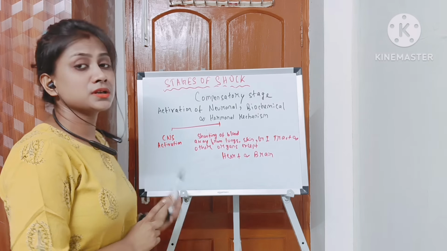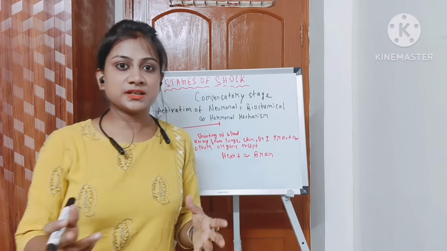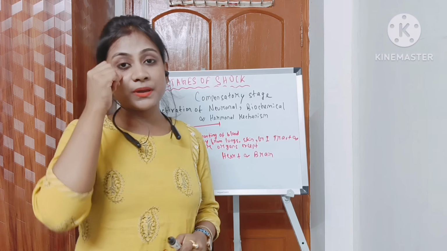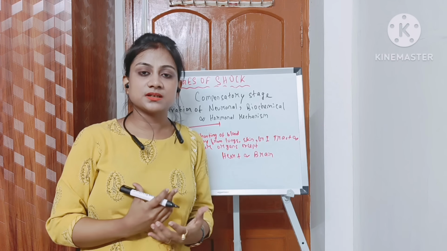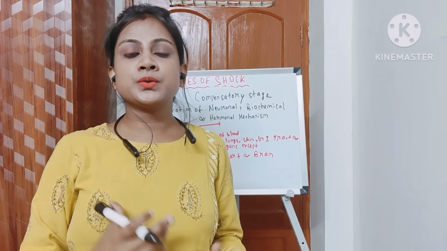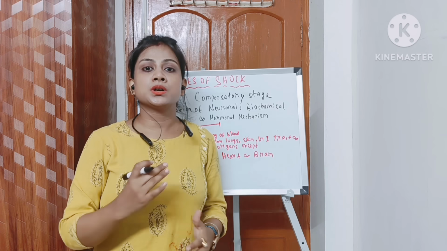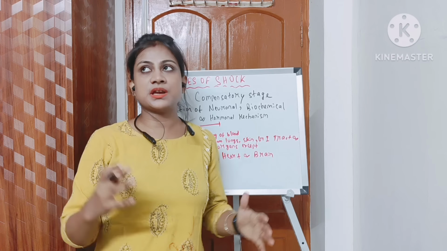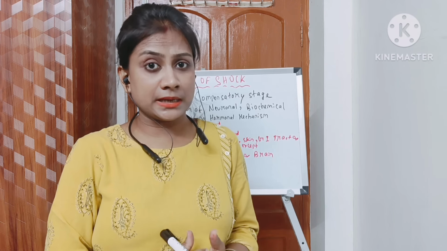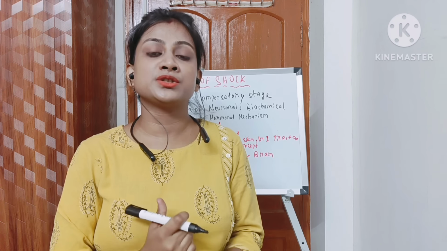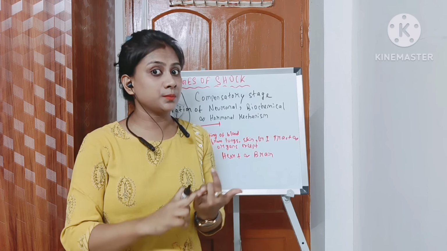Activation of the central nervous system. It will get affected. What will happen? CNS activation, due to that the sympathetic nervous system will get activated, which will activate the baroreceptor and it will activate vasoconstriction. Because at this stage, as the circulating volume is very less, the body will try to at least supply the 2 major organs, which are the heart and brain.